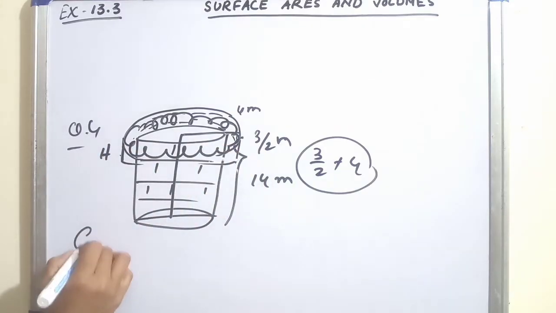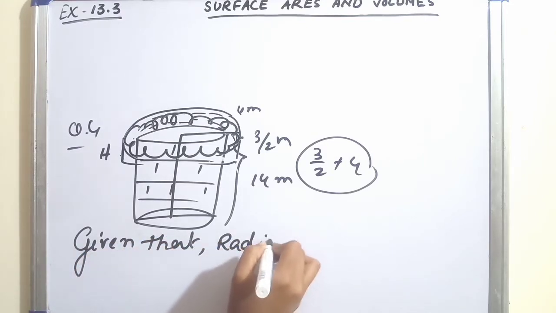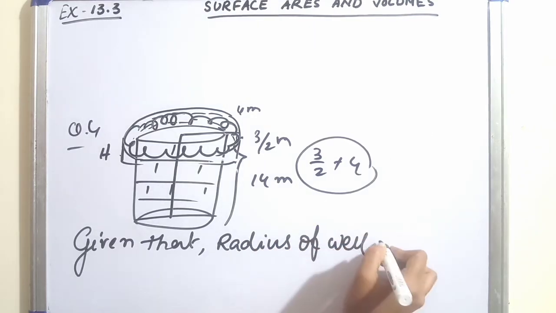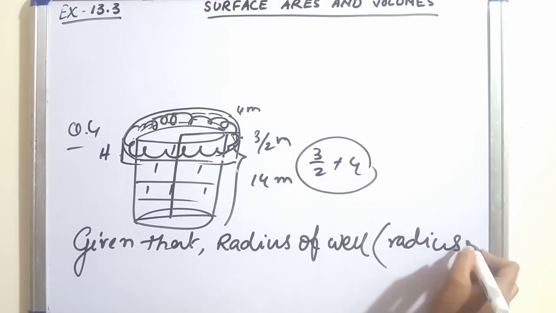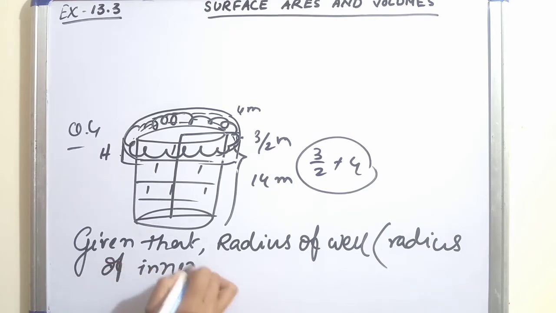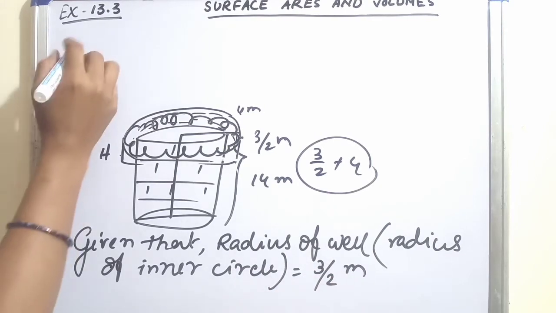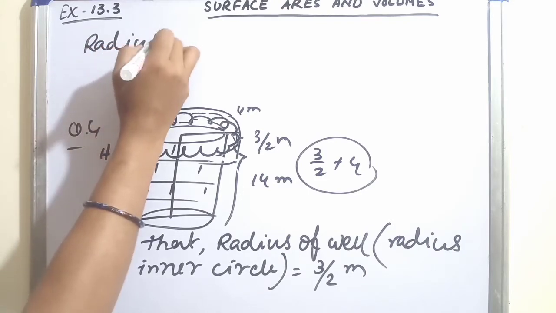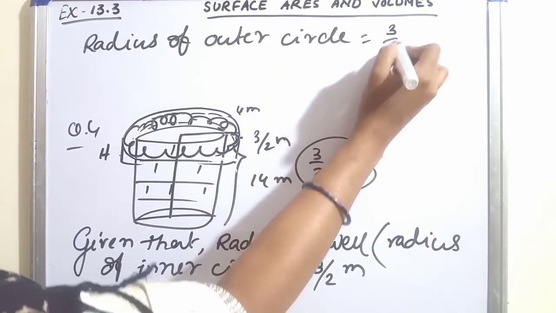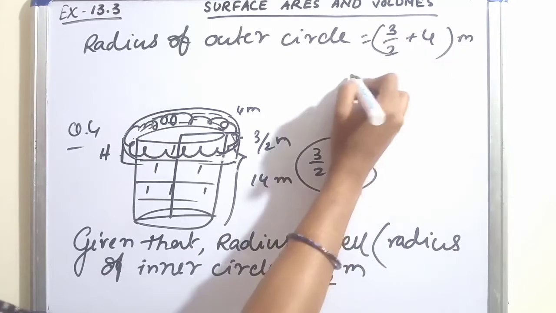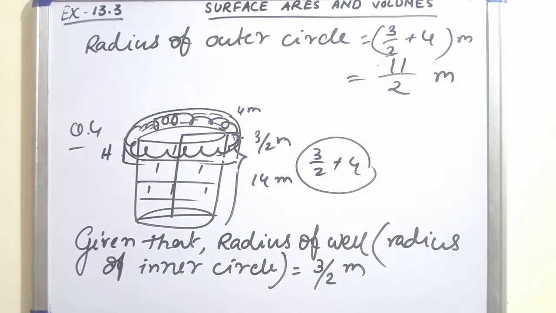So given that the radius of the well, that means the radius of the inner circle, is equal to 3 by 2 meter, and the radius of the outer circle is equal to 3 by 2 plus 4 meter, that means 3 plus 8 by 2, that means 11 upon 2 meter.